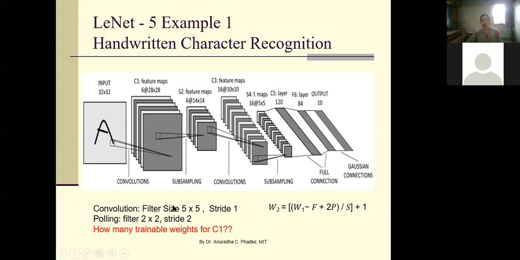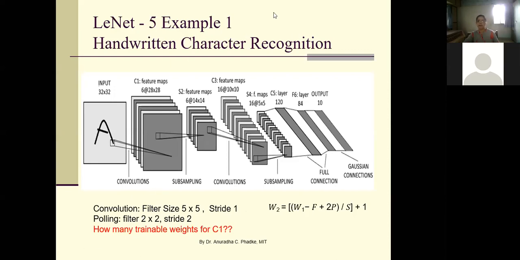Now I want answers from your side. If your original image size is 32 by 32 and filter size is 5 by 5 with stride of 1, what is the resultant image dimension? What is the output size by applying the first convolution operation? And say we are using 6 such filters. So your capital K is 6.